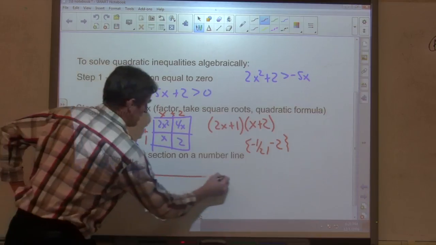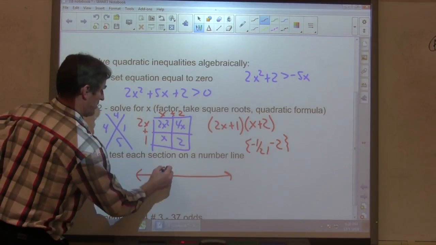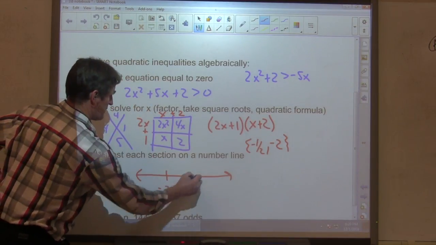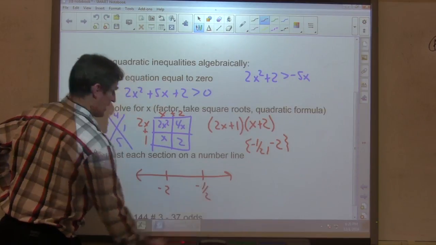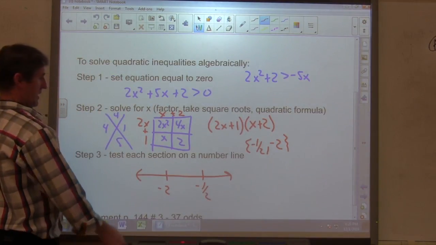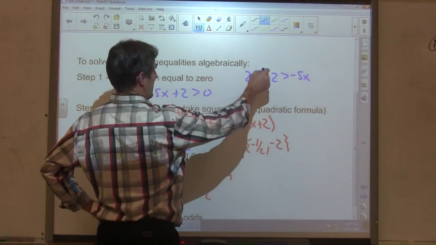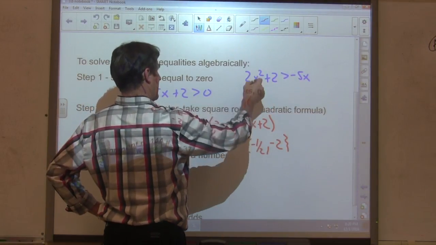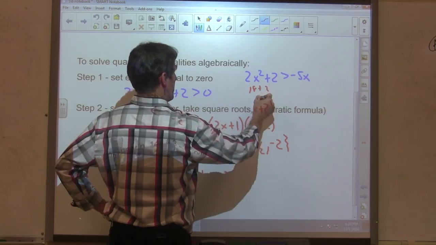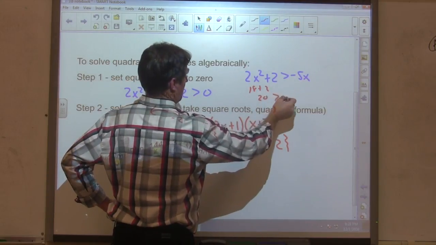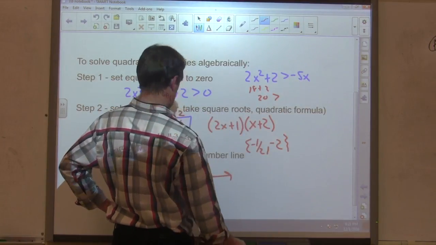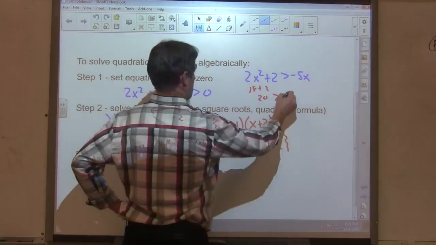So now we do our number line, negative 2, negative 1/2. Let's plug in negative 3. Negative 3 squared would be 9. 18 plus 2 is 20. Is greater than negative 5 times negative 3, which would be 15.